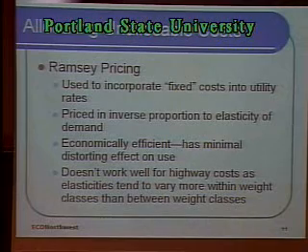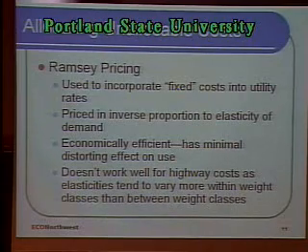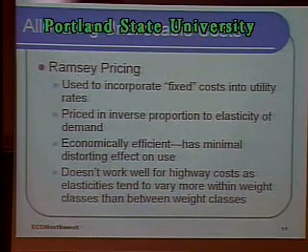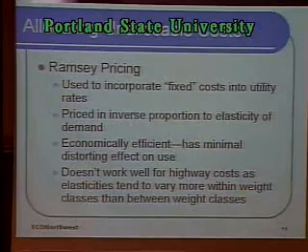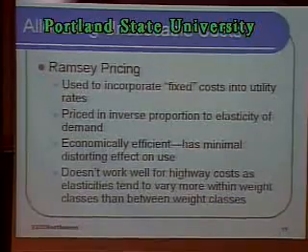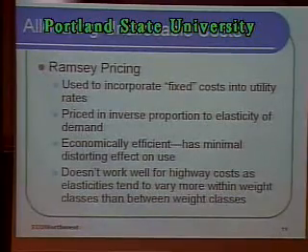It doesn't work very well for highway costs because the elasticities of demand for highway use tend to vary more within weight classes than between weight classes. You have people driving around in cars who are willing to pay very high prices. Their demand is very inelastic because they have to get to work on time. You have other people out for a Sunday afternoon drive who, if you raise their price, just wouldn't do it.